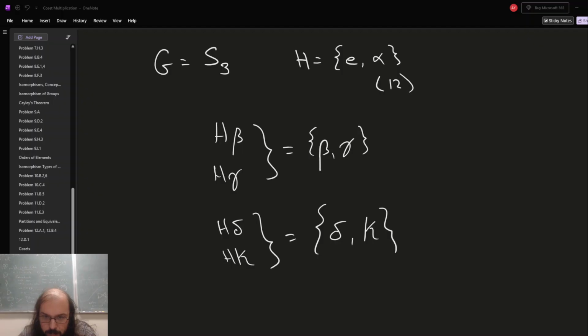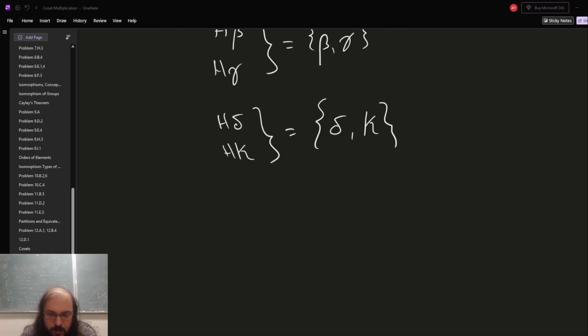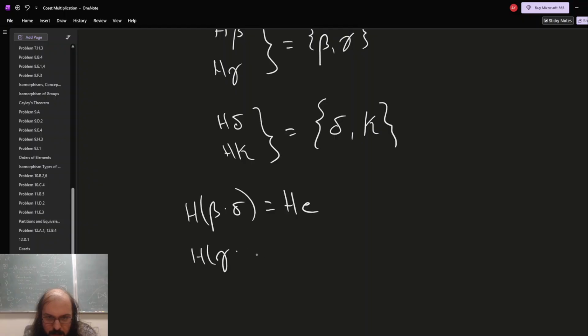On the other hand, the problem that we run into is H of beta dot delta is the same as the coset of the identity element, and H gamma dot kappa, this is not. This is H beta.